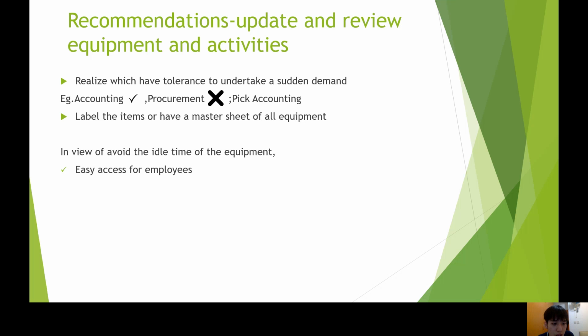For example, accounting has the tolerance to undertake the certain demand, while procurement can't afford that, so we should put accounting to deal with the certain demand, and we have a better layout. Also, we should put labels or master sheets on all equipment, so that employees have a clear understanding and easier access to the equipment.